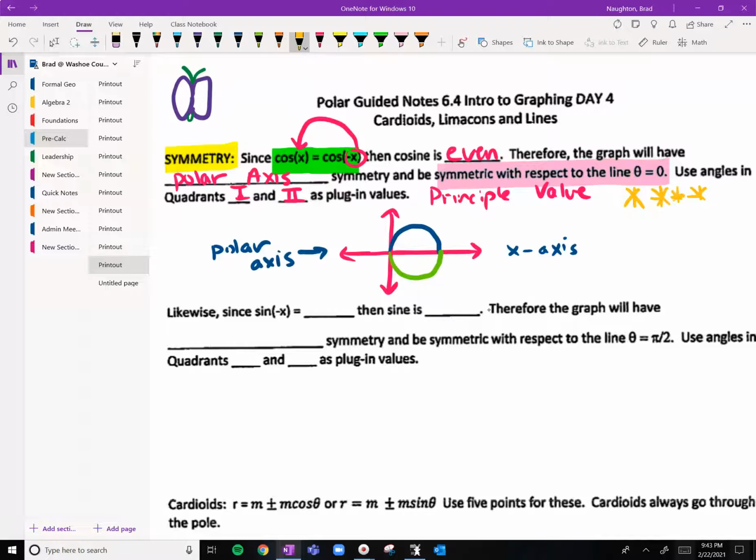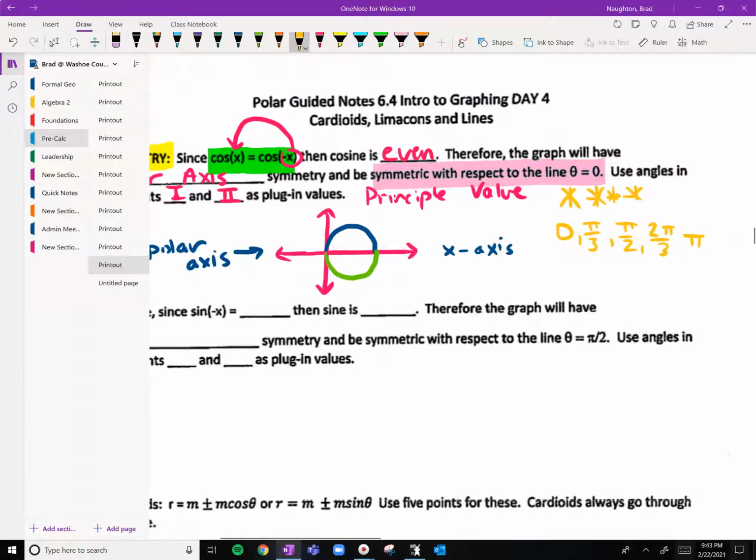So when we are dealing with cosine, the ones we knew were 0, pi over 3, pi over 2, 2 pi over 3, and pi. These were the values that were not root 3 over 2. Root 3 over 2 is a decimal, that's rough stuff, and root 2 over 2, that's a decimal we don't want to do.